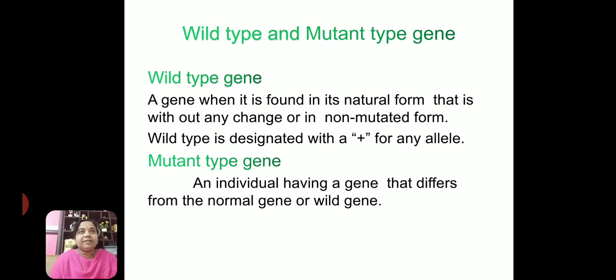If a gene has undergone some changes due to the effect of some natural or other agencies from outside, or some mutation has happened to a gene, then that gene is known as a mutant type gene. So here we study two types of gene: one is the wild type gene and another is the mutant type gene.